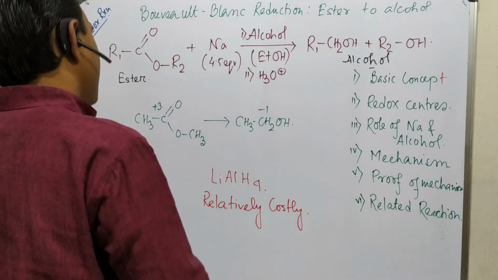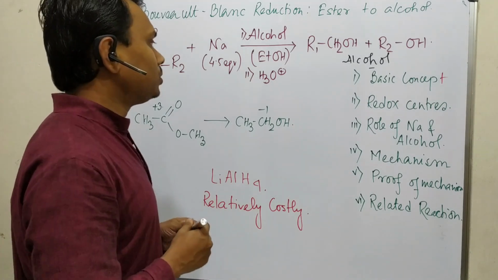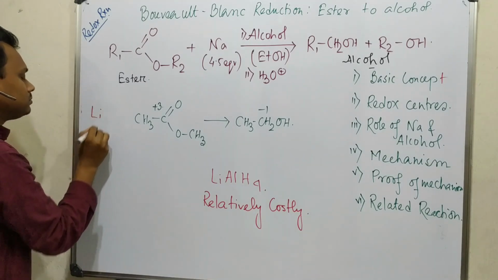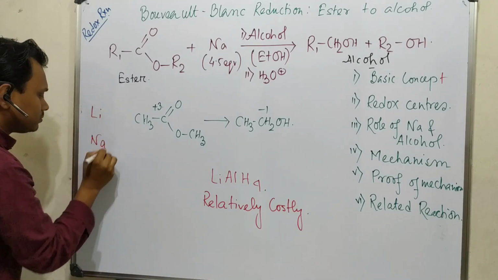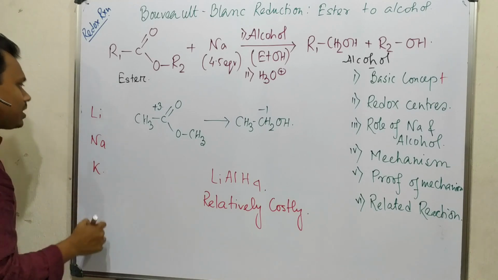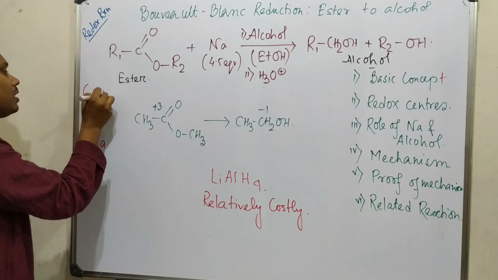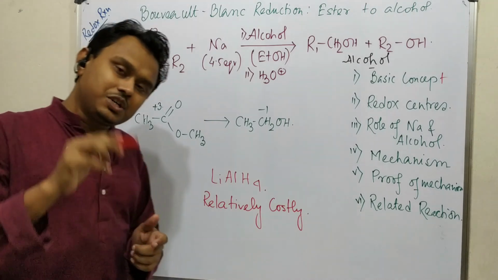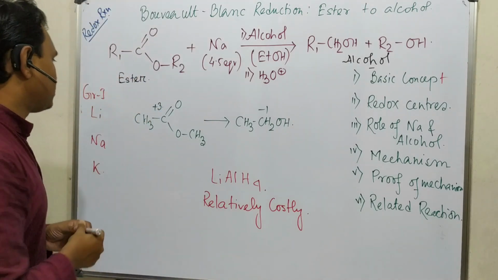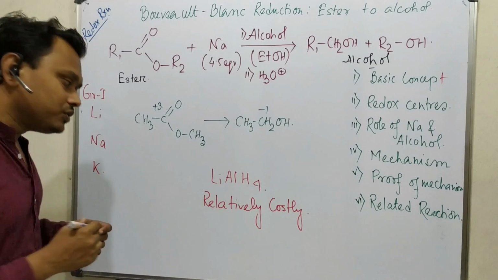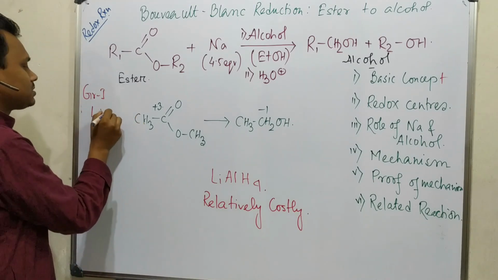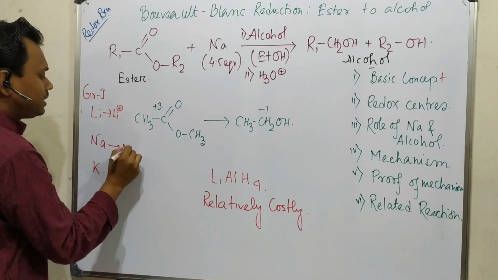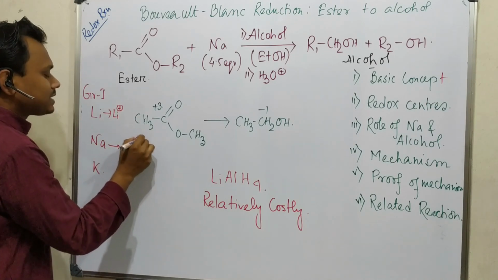Now, as you know, group 1 means lithium, sodium, potassium, etc. They have one additional electron in their outermost valence shell, and if they release it, they form the plus ion and get the nearest noble gas configuration.